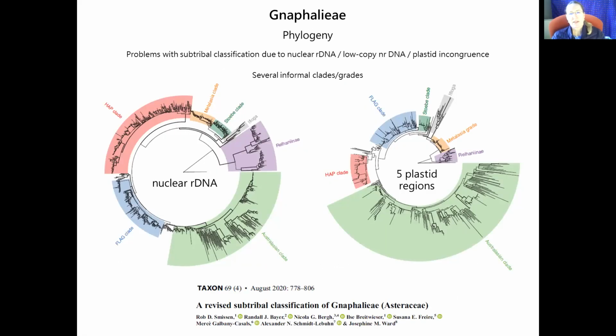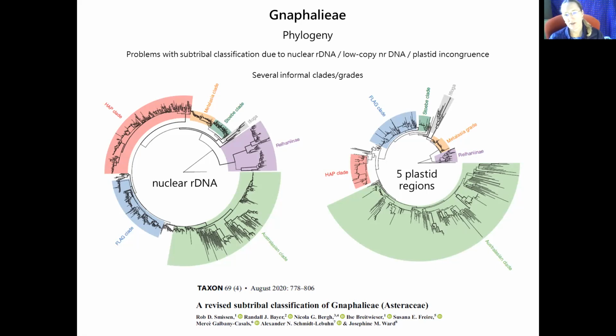Okay, so what do we know about the phylogenetic relationships within the Gnaphalieae? Whole tribe phylogenies are based on Sanger-sequenced gene trees, and these can be problematic because of incongruence between the gene trees. So we generally struggle to reconcile these different gene trees, even though there are many clades or grades that are consistently recovered.